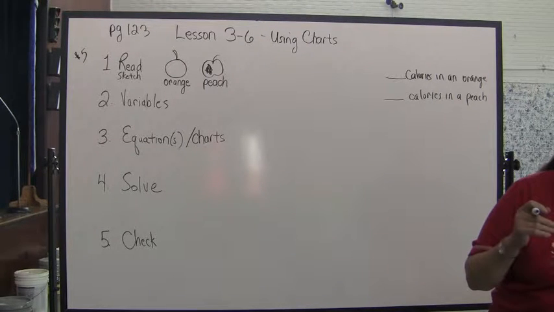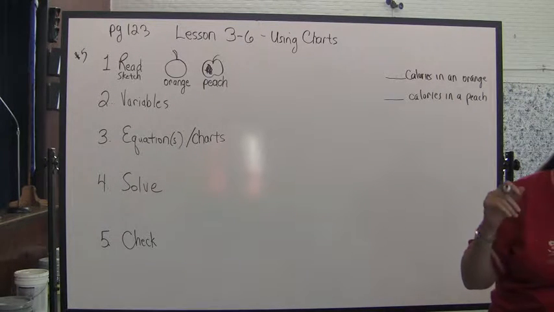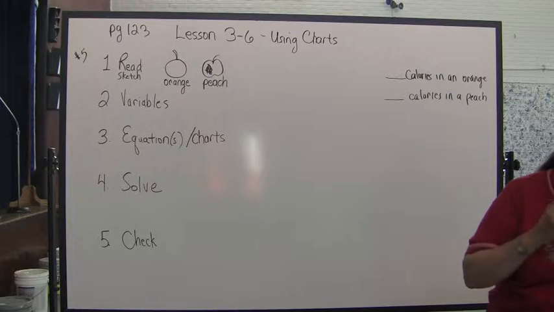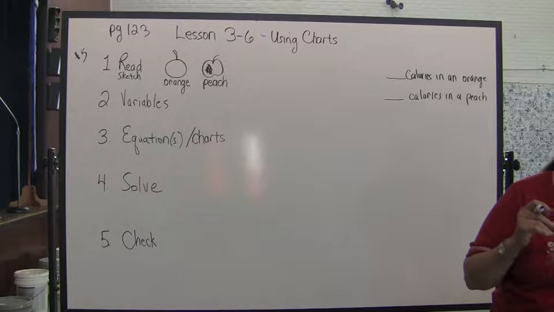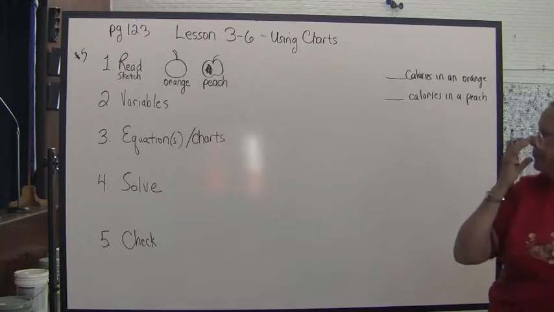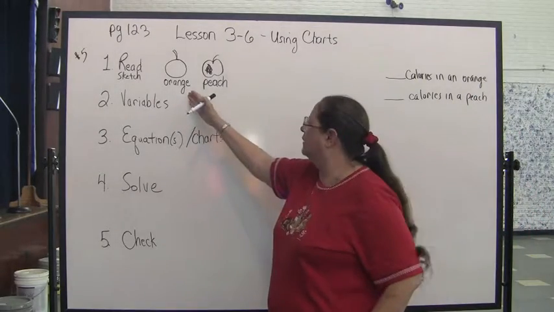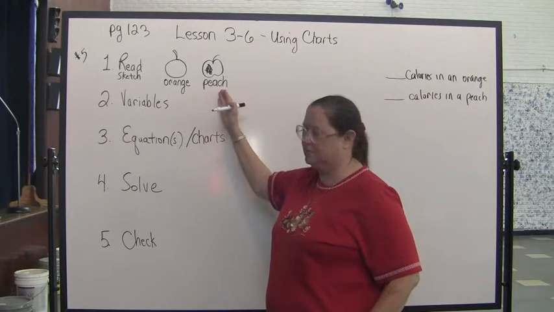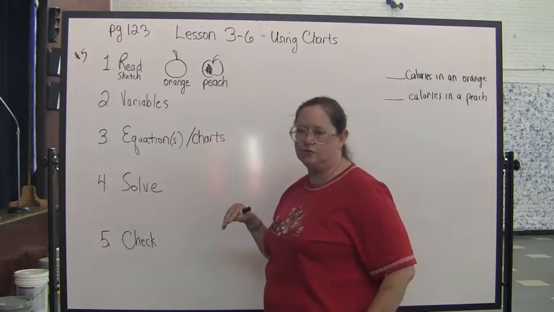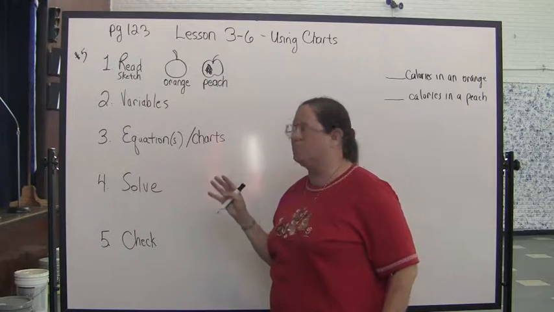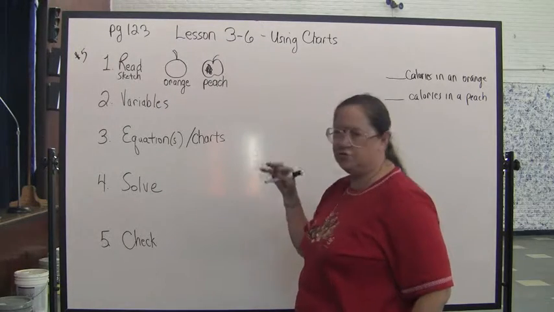Then it gives us information. It says an orange has 30 calories more than a peach. So here's my orange, don't laugh. Here's my peach. It says an orange has 30 calories more than a peach. So we need to pick some variables.